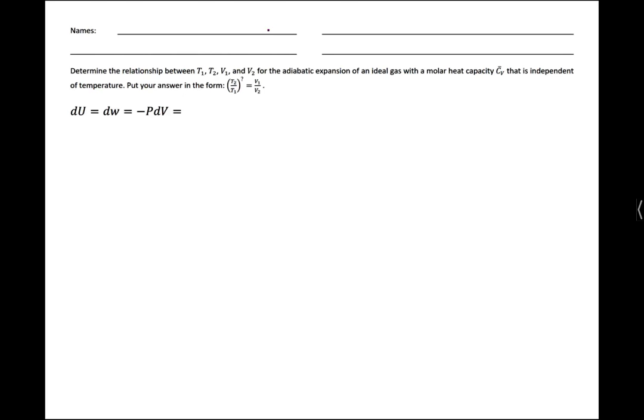So in this case, we're going to talk about expansion of an ideal gas, and our heat capacity is just going to be temperature independent C sub V, okay? All right, so starting this one out, we know that dU and dW are equal to each other because dq is equal to 0. So minus PdV is going to be minus nRT over V dV.